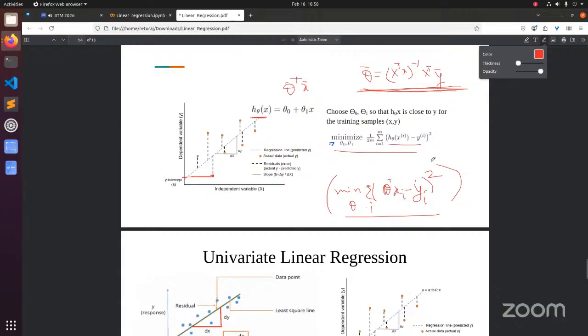But the important part is to understand the minimization equation: you want to find theta such that for all the data points xi, the distance between the predicted y hat and the true yi should be minimum.